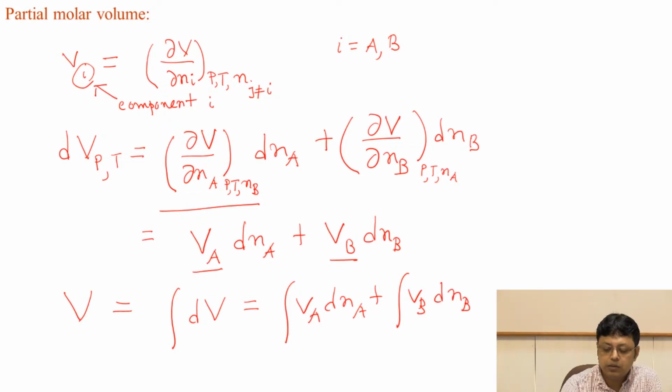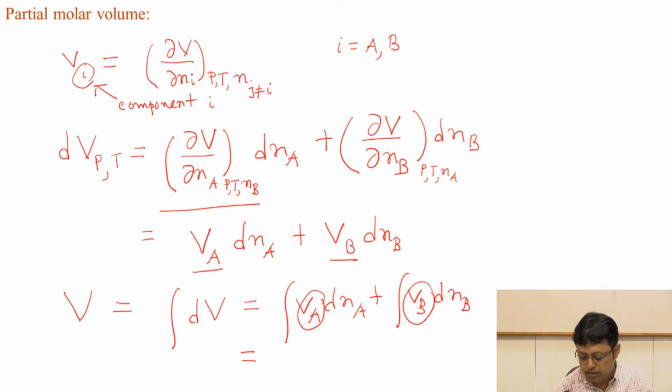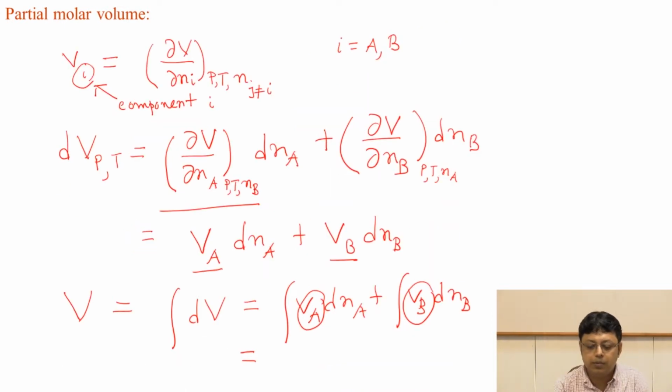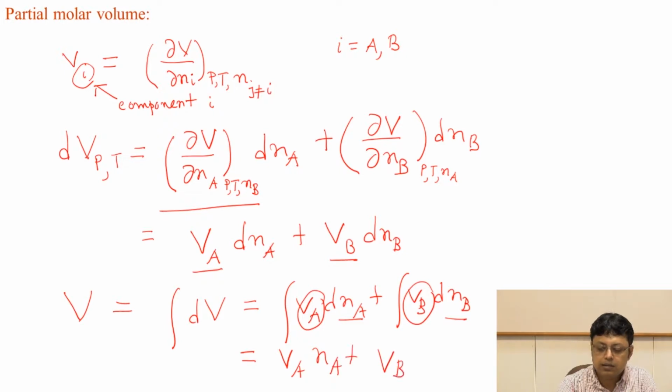If we assume that Va and Vb do not change over the entire range of change, which is of course an approximation, because the curves are very nonlinear in nature, then we can write V equals Va NA plus Vb NB.